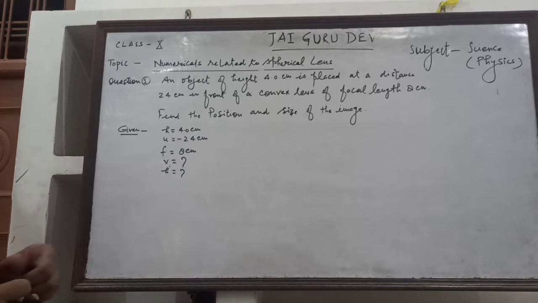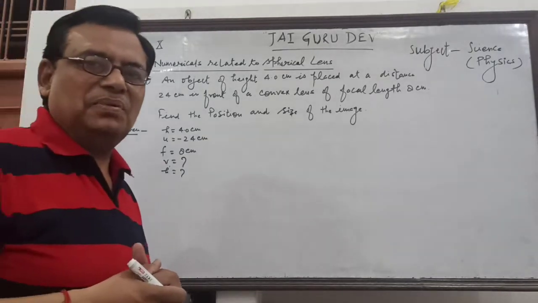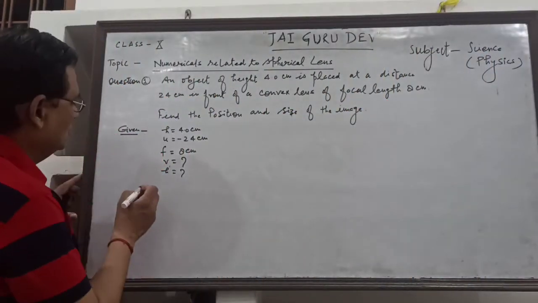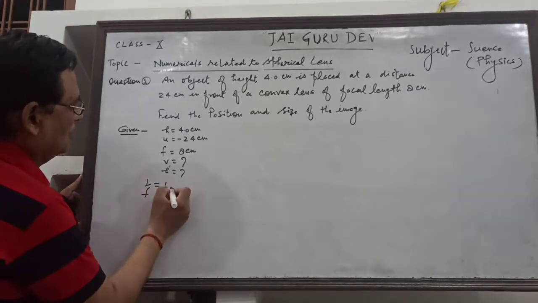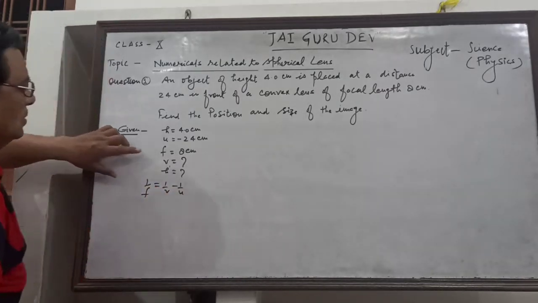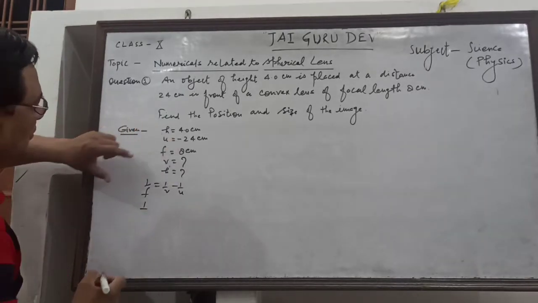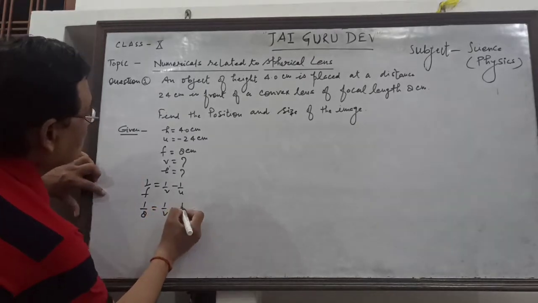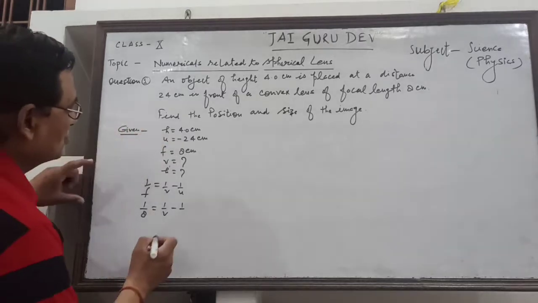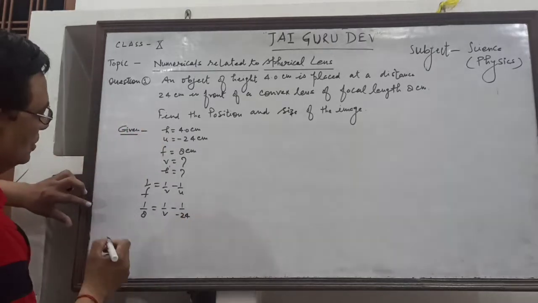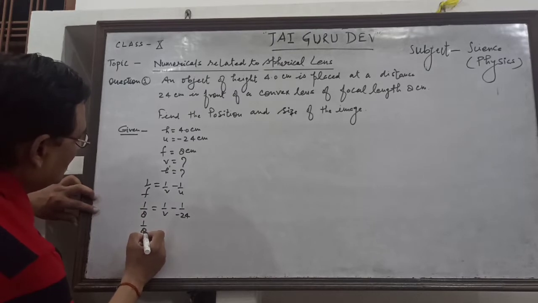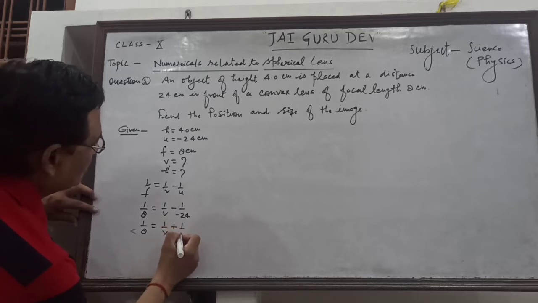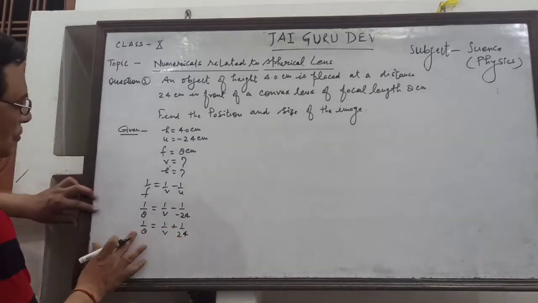To get the image distance, we apply the lens formula. We know lens formula is 1 upon f is equal to 1 upon v minus 1 upon u. 1 upon f, f is 8, equals 1 upon v minus 1 upon u, u is minus 24. So 1 upon 8 is equal to 1 upon v plus 1 upon 24.